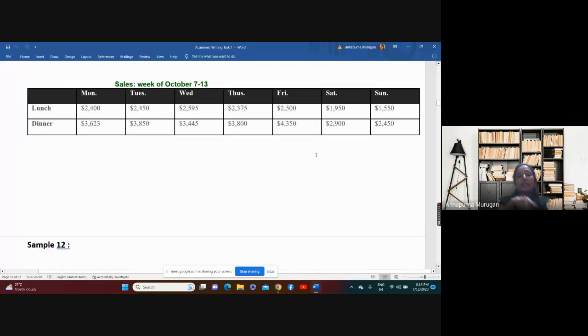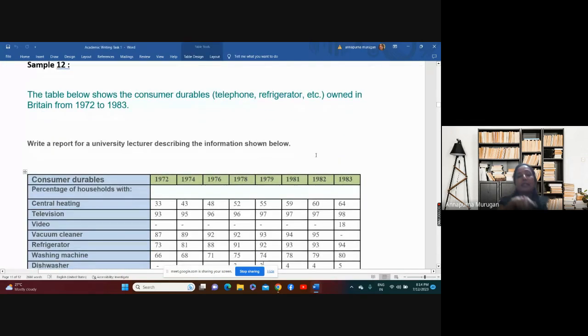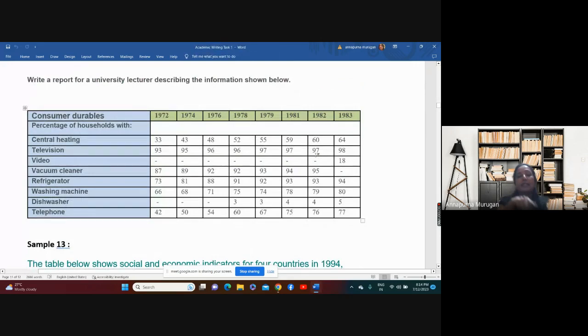See, now you people can see what is happening. We have this data. So now what will you do? Will you write that in 1972 central heating was 33, in 1974 it increased by 10, or in 1976 it increased to 48? Can you write every detail here? No, right?